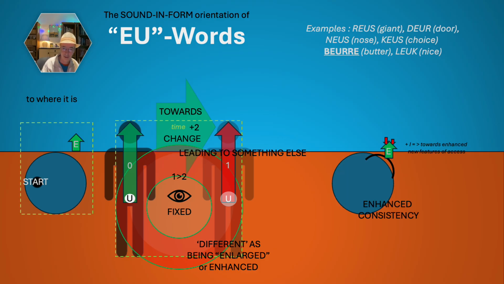Then the extra letters in BEURRE. Okay, I was a little quick there. But also there you can see the B, where something is enhanced in the physicality, and it makes a reference towards what can make a connection, because here the sound is also a little more, making a connection to do something extra with it.